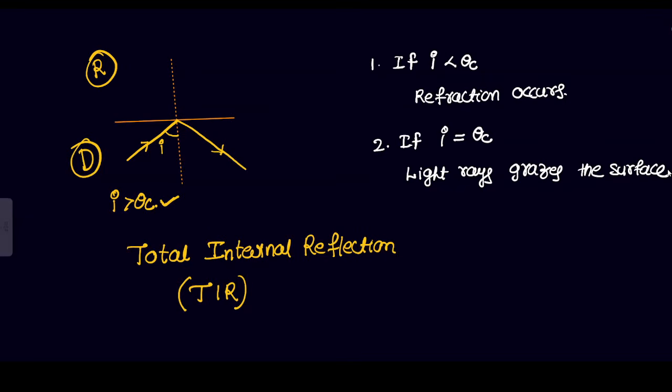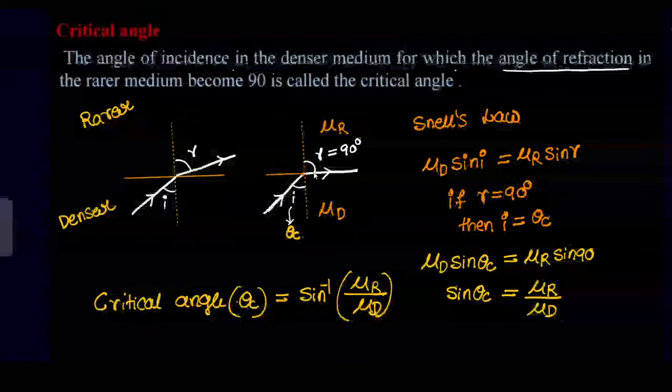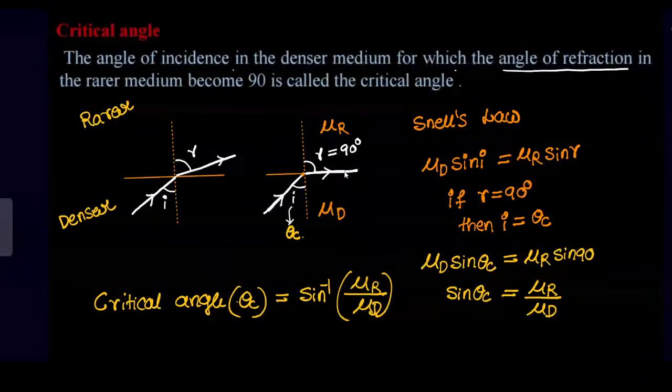Surface means it will lie only on the surface. It will be neither in the rarer medium nor in the denser medium, just like a layer. It will lie like this. We have seen this is called grazing the surface, if I is equal to theta c.